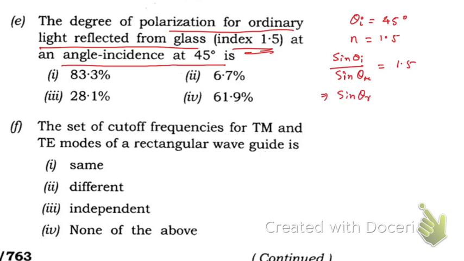If you find that, we have sine 45 by 1.5, and sine 45 is 1 by root 2, so 1 by root 2 into 1.5.